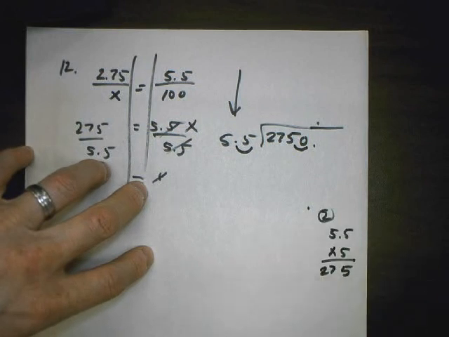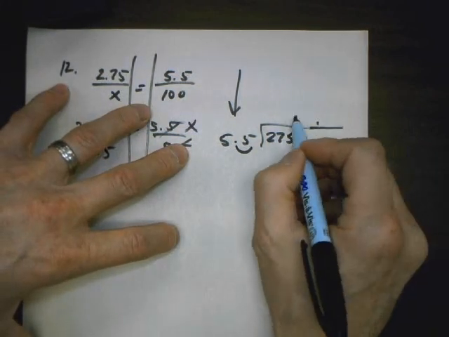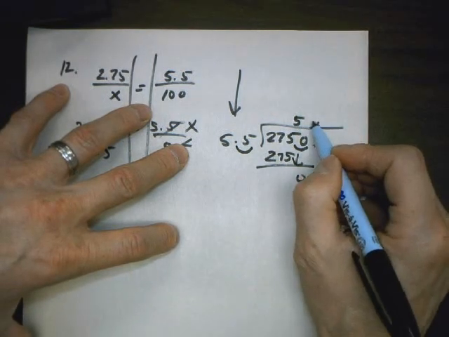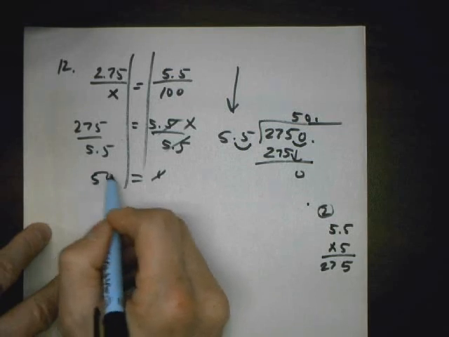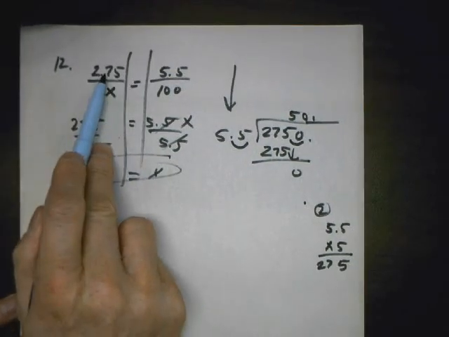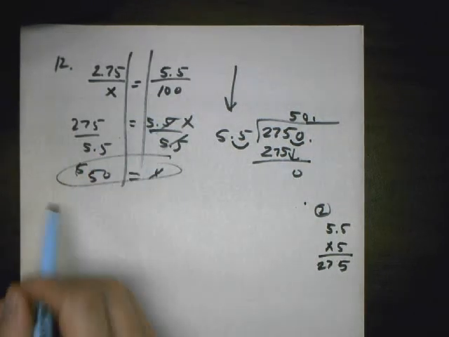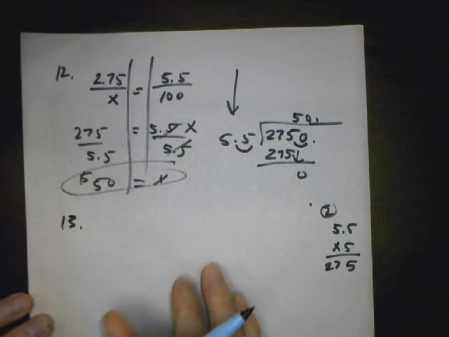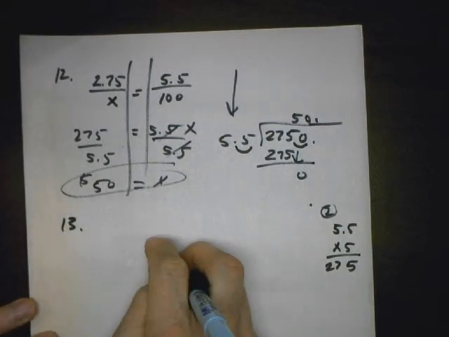Carry the 2. 27. Wahoo! Hit the nail on the head. So I put a 5 right there. 275. Zeroed out, but the decimal's here, so I got to put a 0 there. And 50. In other words, $50. $2.75 is 5.5% of $50. It makes sense, right? It sounds about right. You always ask yourself, does it sound about right? Otherwise, you want to catch a mistake.